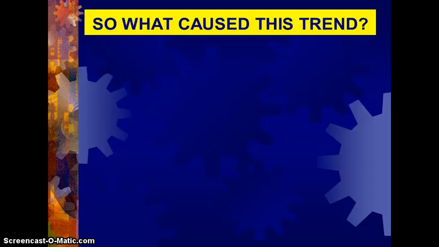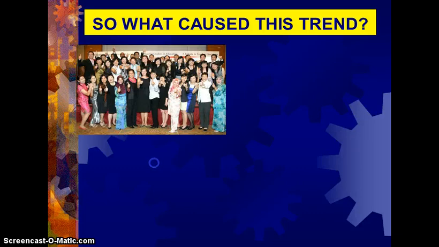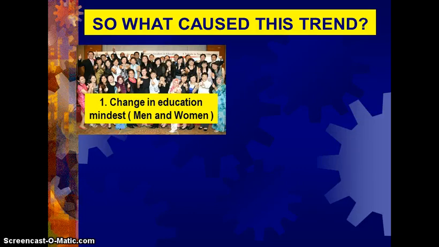All right, so what caused this trend? Why was there a sudden decline in the years after the 1960s? One, there was a change in education mindset. Men and women became more educated because from the 70s onward, the government introduced a lot of education policies that tried to upgrade the education level of both men and women, and many of them became more and more educated.